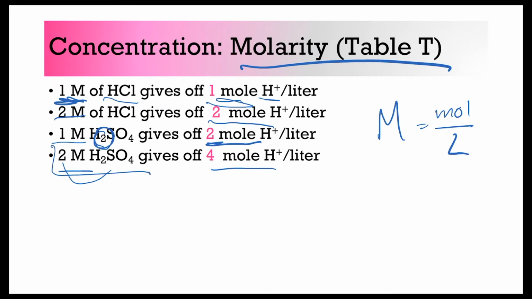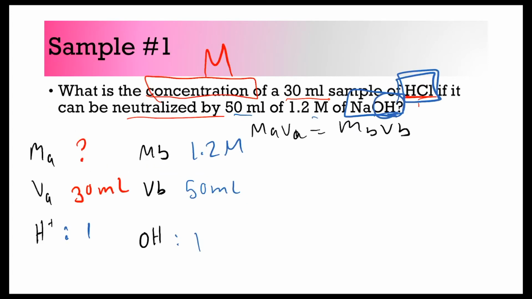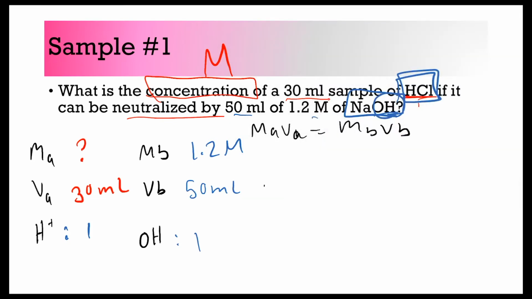So this essentially goes back to what we did when we first started. So a 2 molar solution, for example, of H2SO4 gives off 4 moles of that H plus. So take this extra step in your calculation, make sure you're getting this right. So now all you have to do is plug in. You get Ma times 30 times 1 equals 1.2 times 50 times 1.